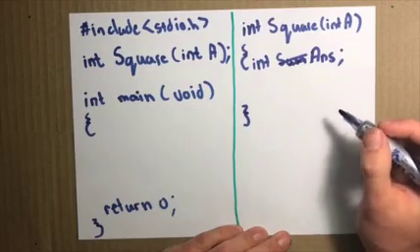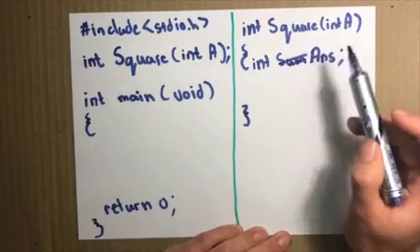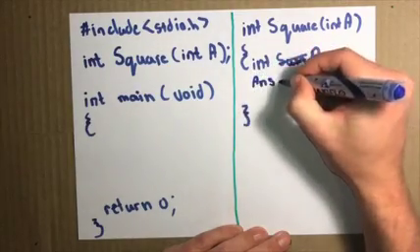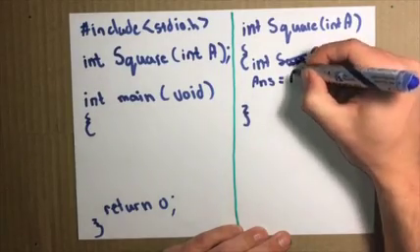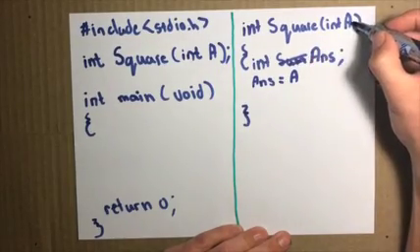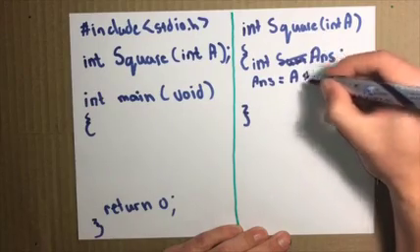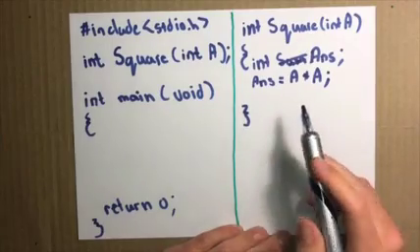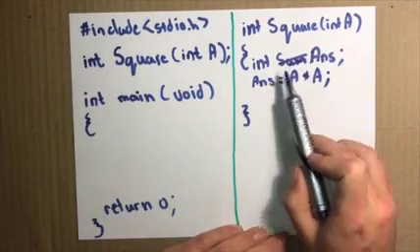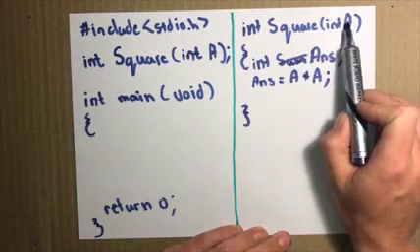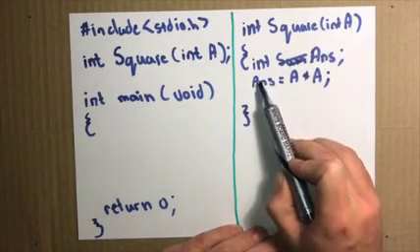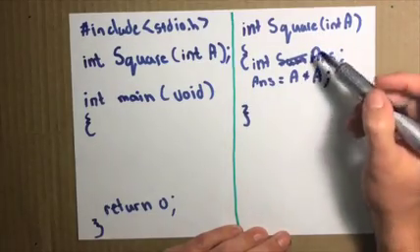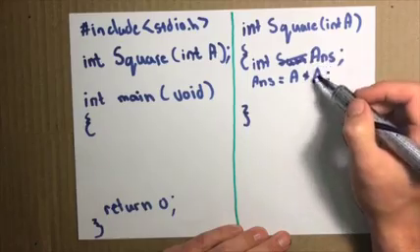Now we want to get the answer of the square of this value. And how do we do that? We say answer is equal to a, because the value is now inside a, times a. So now we know that the answer of the square of this value is inside this variable called answer. And now this function has successfully calculated the square of the number.